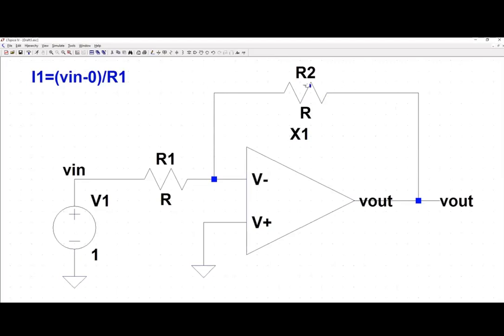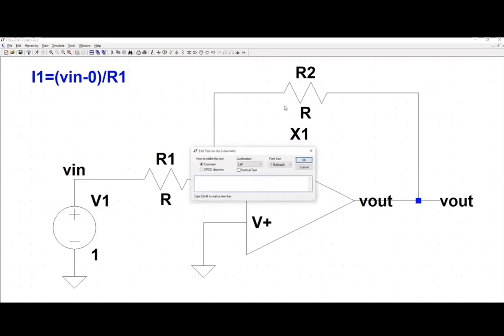So this current, I2, is going to be equal to V out minus 0 divided by R2. So we have I2 is equal to V out minus 0 divided by R2.